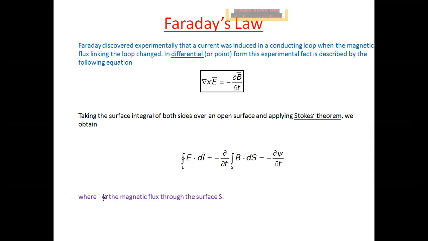Taking the surface integral of both sides over an open surface and applying Stokes theorem, we obtain the integral of E dot dl is equal to minus partial by partial t of the integral of B dot dS, that is equal to minus partial psi by partial t, where psi is the magnetic flux through the surface S.